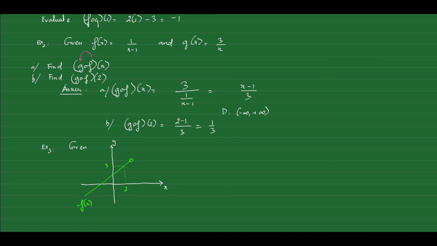Okay, and I have another one. Let's say another one is something like this. So this is 3 right here. This one like that. Okay, this is g of x.